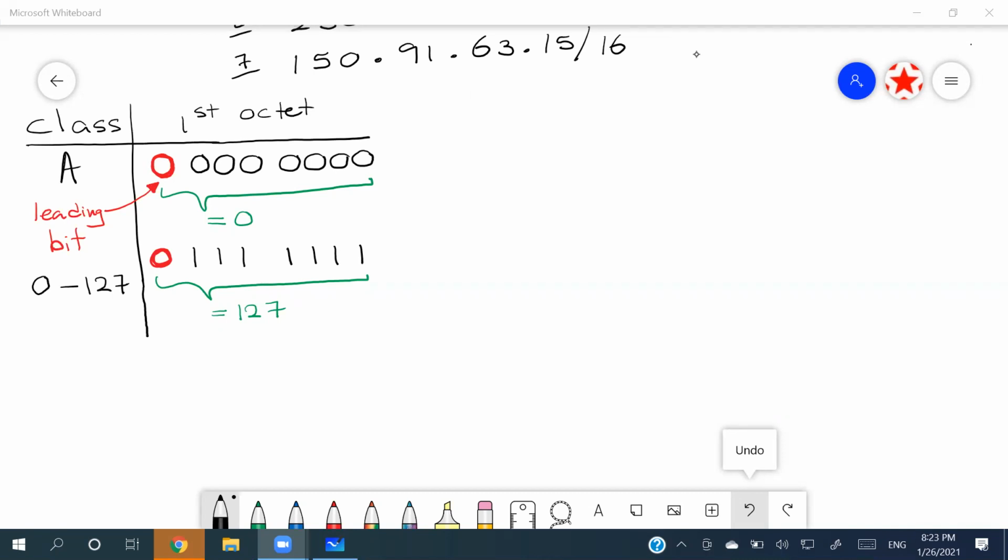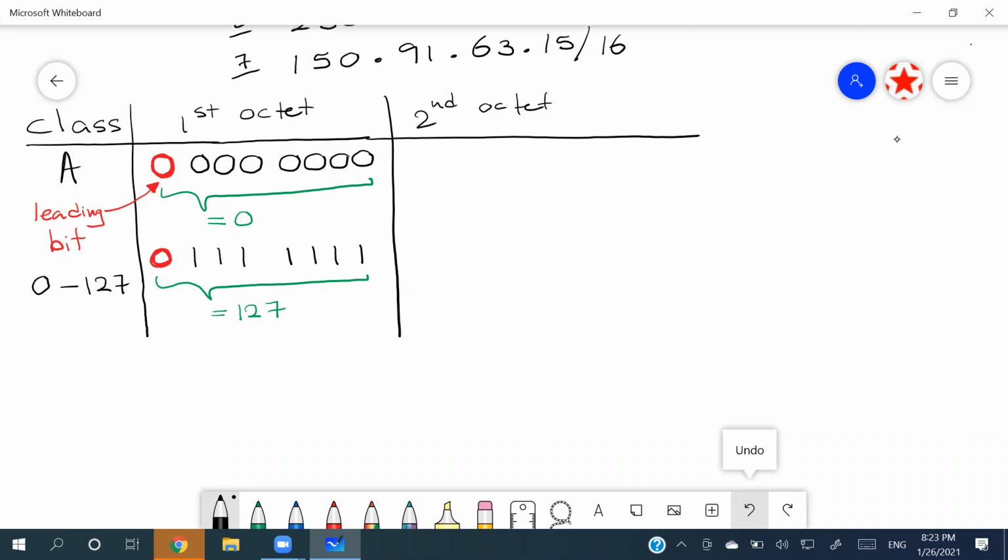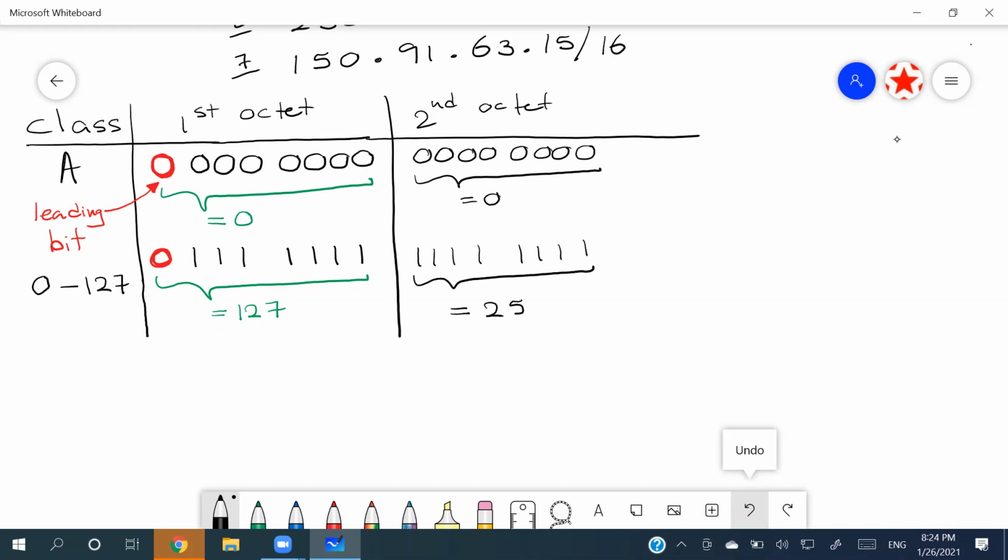Right. So if you consider the other octets, the second octet can have all 8 bits as zeros, which gives you a 0, and also the maximum value as all ones for all the bits, which is going to represent 255, right?